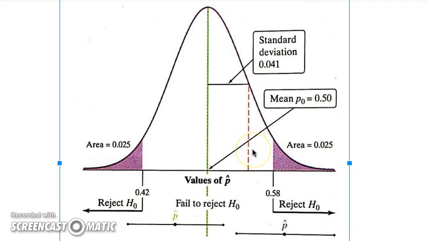However, if I make my claim that it's 0.5, like let's say that I have 50% of the vote for governor of California, and we get a sample statistic that's up here, much higher than it, then we can say it's clear that this sample statistic would not be very likely to occur if the true value is 0.5, meaning it's so much higher that we have evidence against the claim.